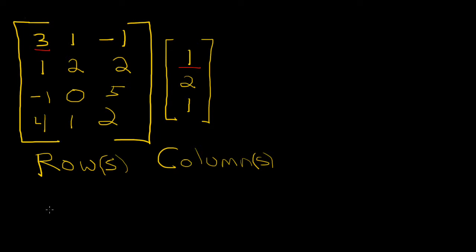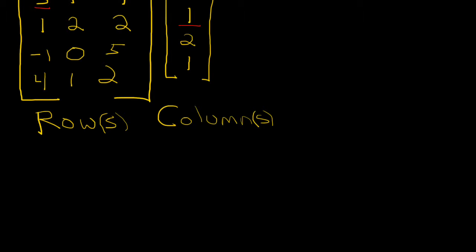So if we're creating a new matrix, I'm just going to scroll down below. Our 3 is going to multiply by that 1. So I'm going to note that we're going to have this 3 right here times the 1, and that is our first multiplication.